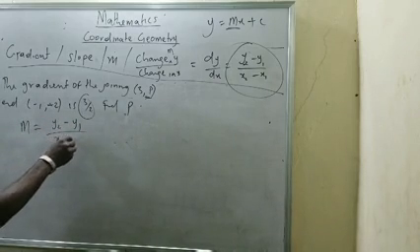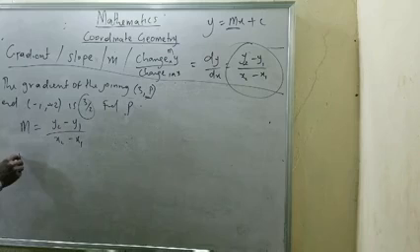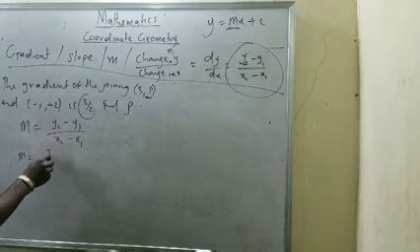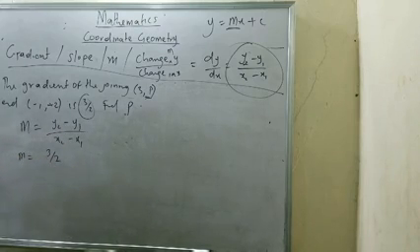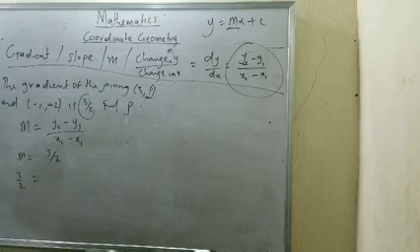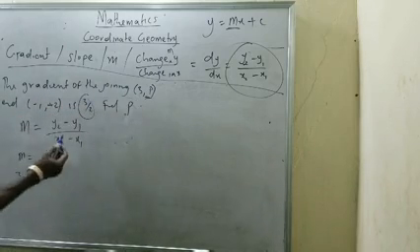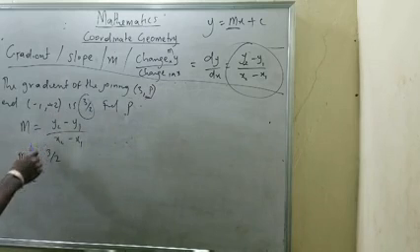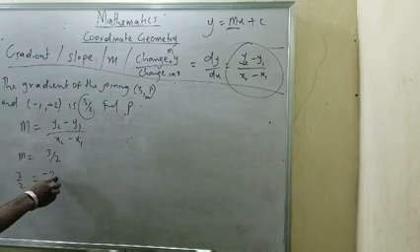My m is 3 all over 2. Since I have that, I'll have 3 all over 2 equals y2 minus y1 divided by x2 minus x1.